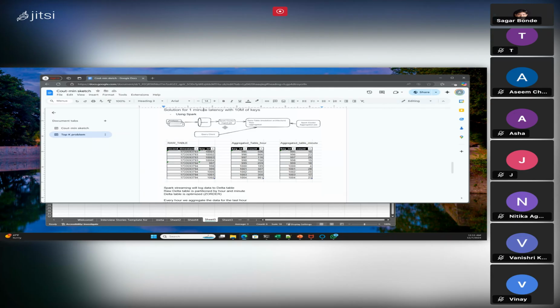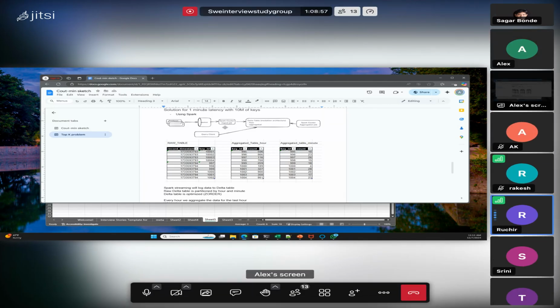Go ahead. One thing that I want to bring up here: basically, this is a disk, right? So right now we have to live with 1 minute of delay or something, which is okay.